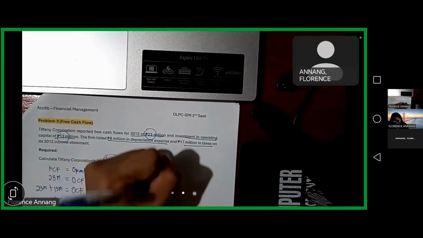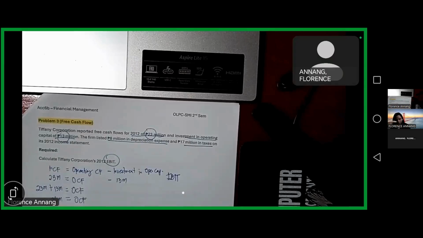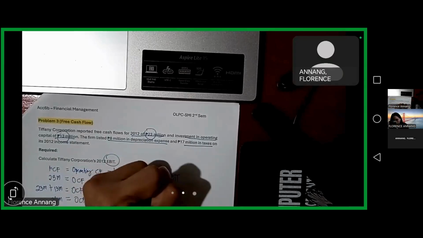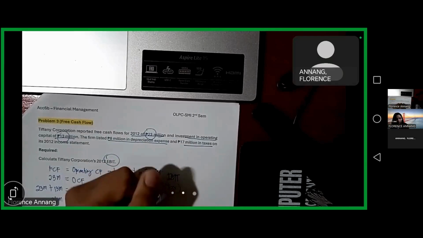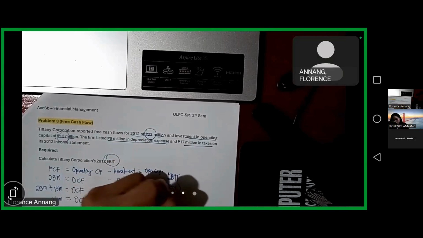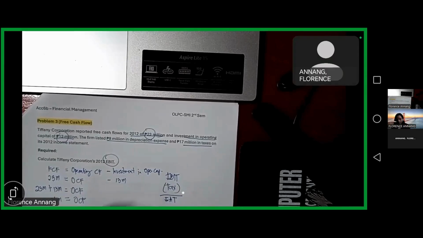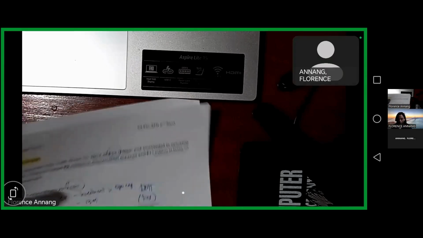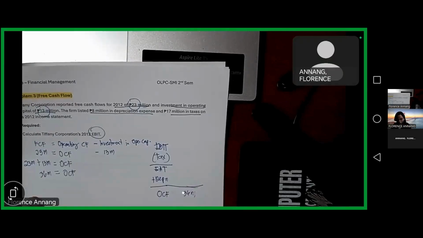We have EBIT, yung ating hahanapin. We deduct tax to get our earnings after tax. And we add your depreciation to get your OCF. So we need to work back from our operating cash flows which we have computed initially.